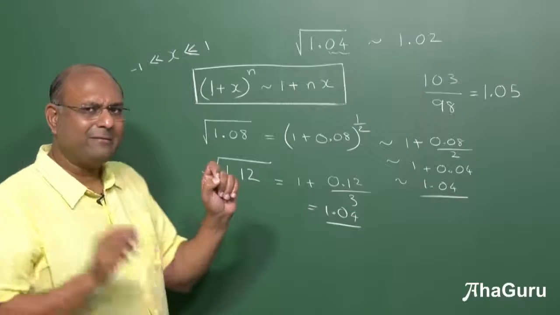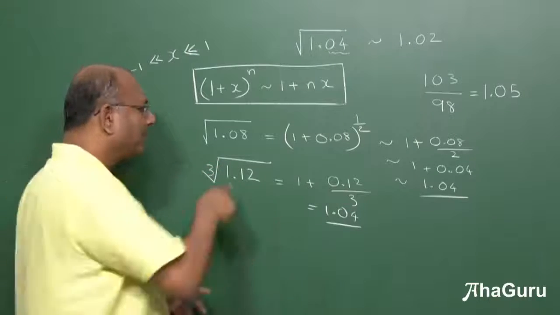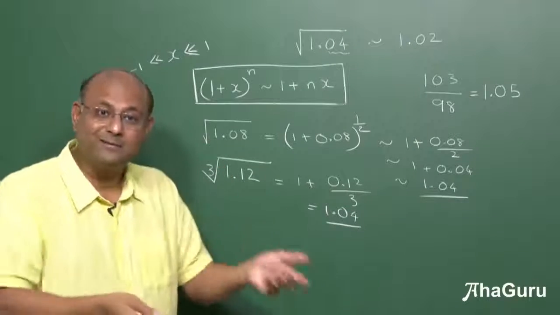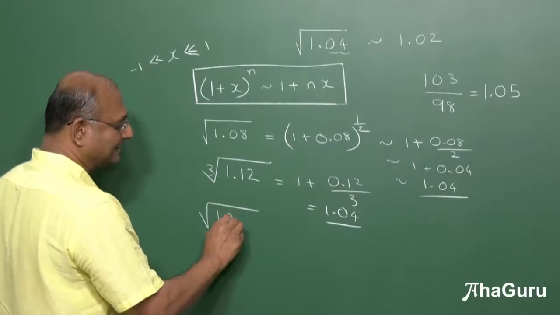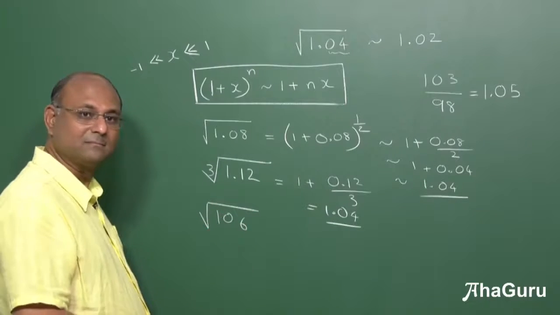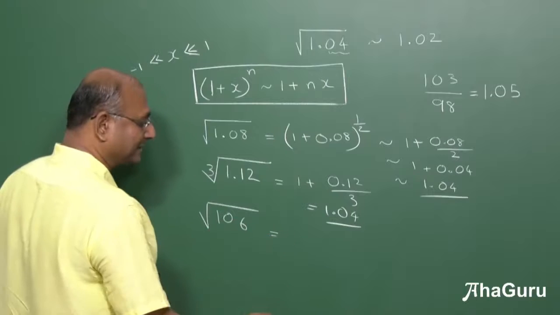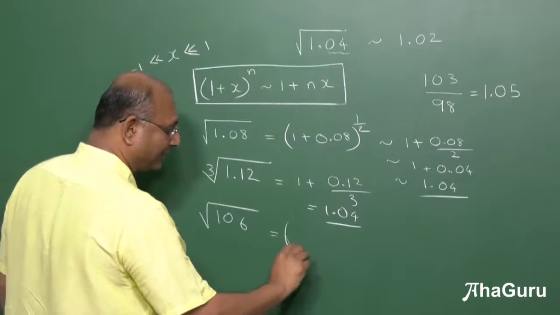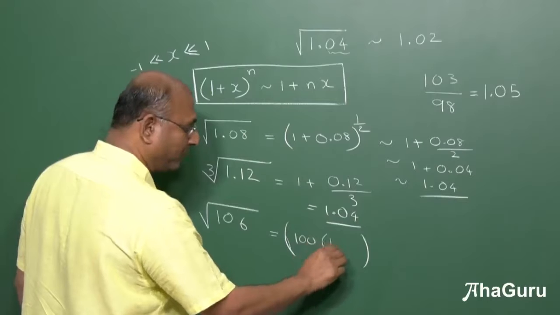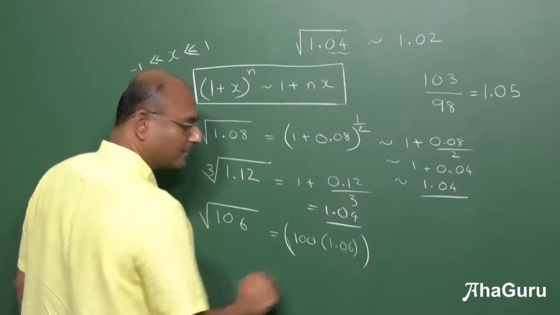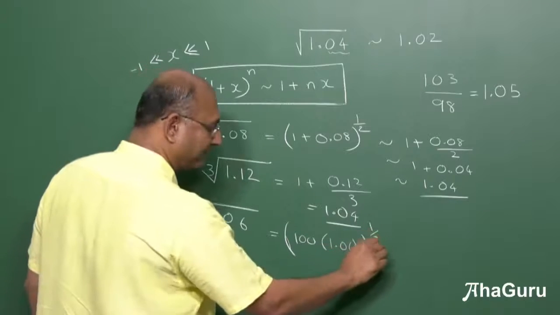Now you can argue, wait. All this is nice, but I am doing this only for 1 point something. Suppose I wanted to do root of 106. Okay, I will write it like this. I will say it is root of 100 into 1.06, whole power half.